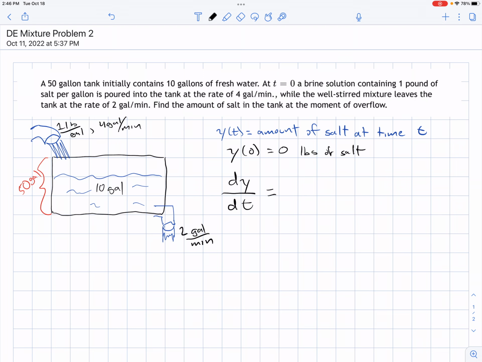It is going to be the rate of salt going in minus the rate of salt going out.